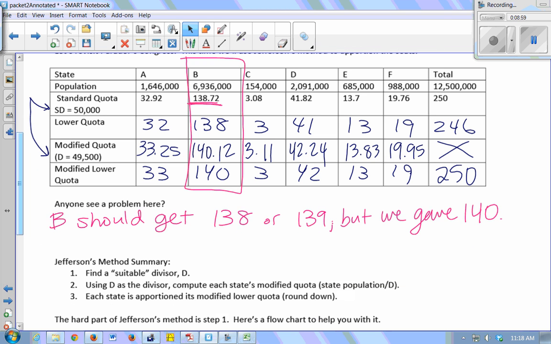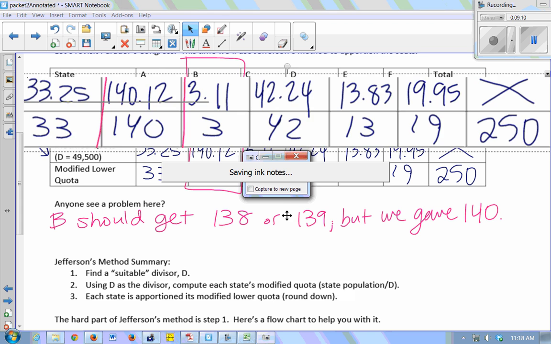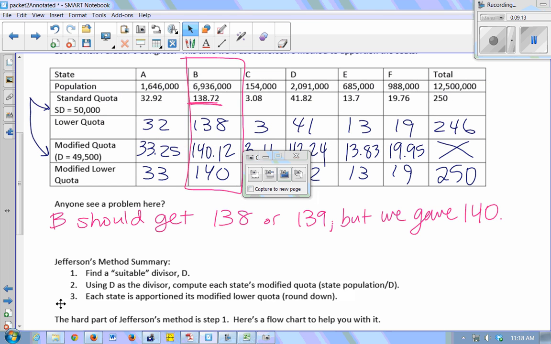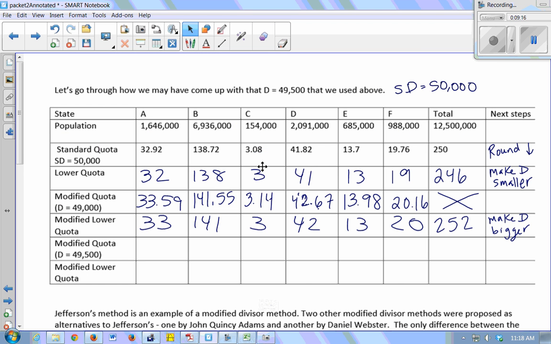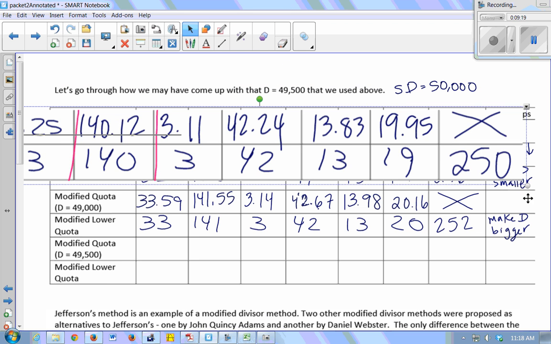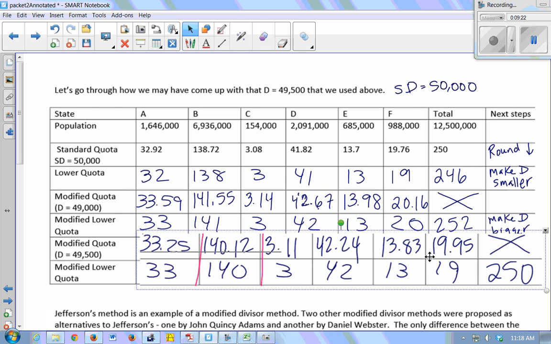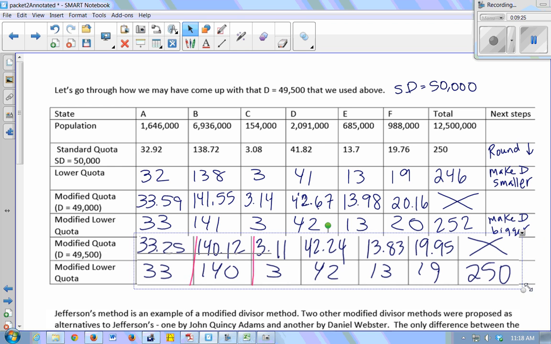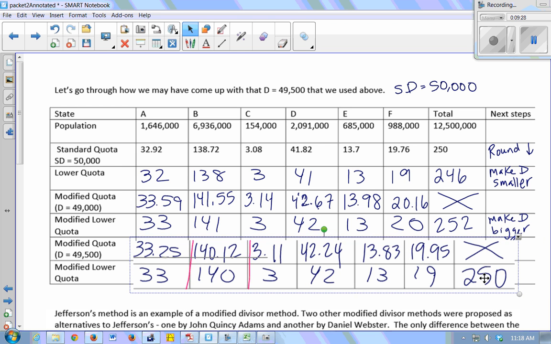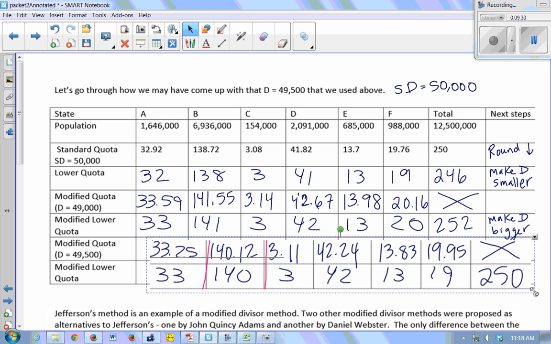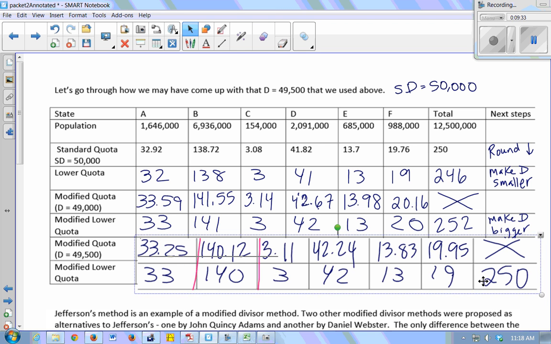I'll just copy those into my new table. All right, good enough. So now you see that we get exactly 250 when you use the 49,500.